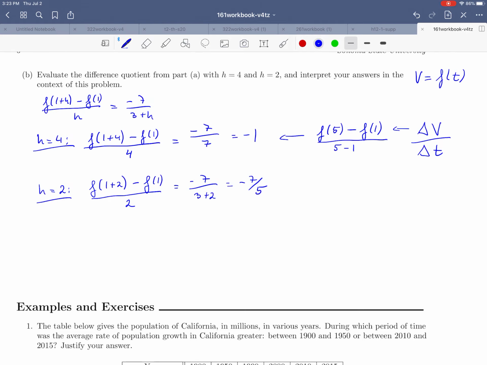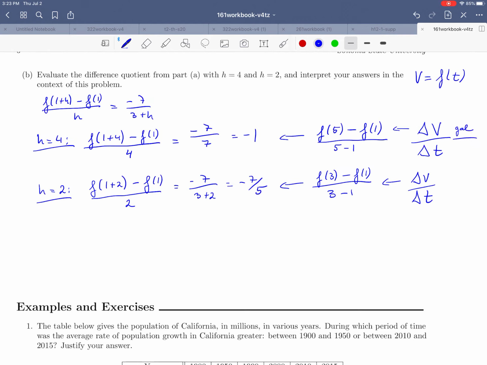The same is true for the second piece right here. When h was equal to 2, we can interpret that as f of 3 minus f of 1 divided by 3 minus 1. That's also change in volume over change in time. So we are looking at two average rates of change of the volume in our tank. And so unit-wise, the units of volume were gallons.